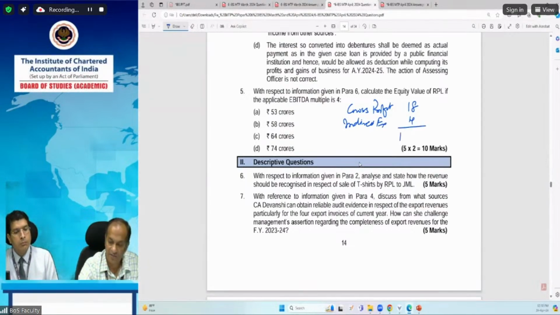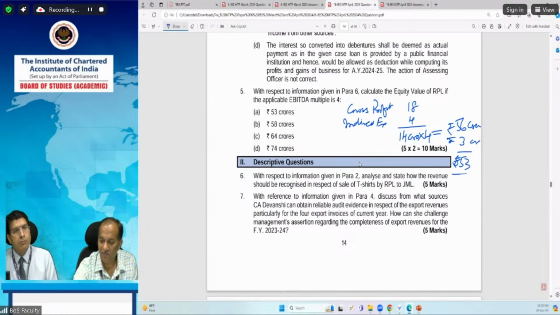The figure comes to 14 crore. We multiply the same by 4, and the amount comes to rupees 56 crore. From this we deduct our debt of 3 crore. So the equity value comes to 53 crore, and this will be our answer.